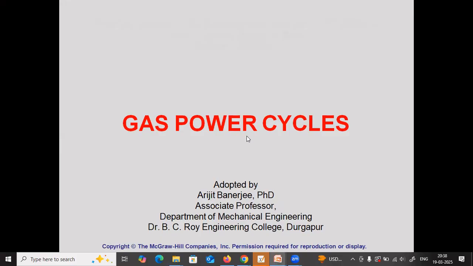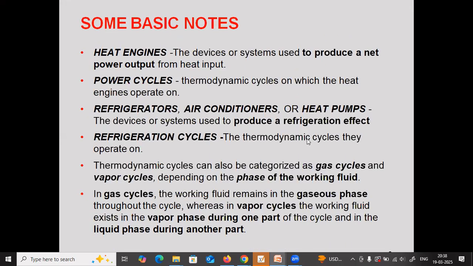There are also many other kinds of cycles, like the heat pump and refrigeration cycles, representing either heat pumps, refrigerators or air conditioners, etc. That also I have discussed briefly.